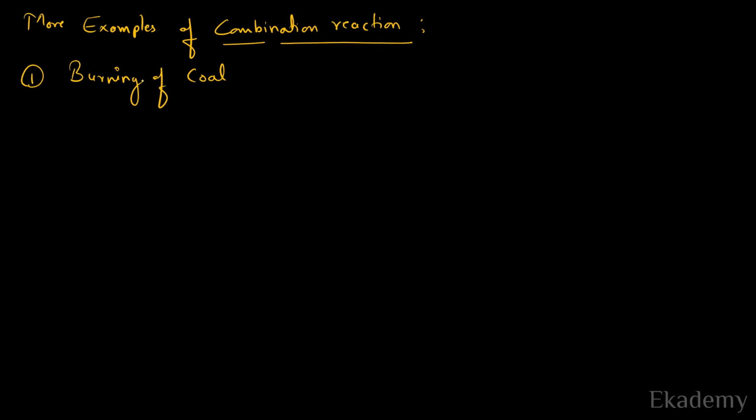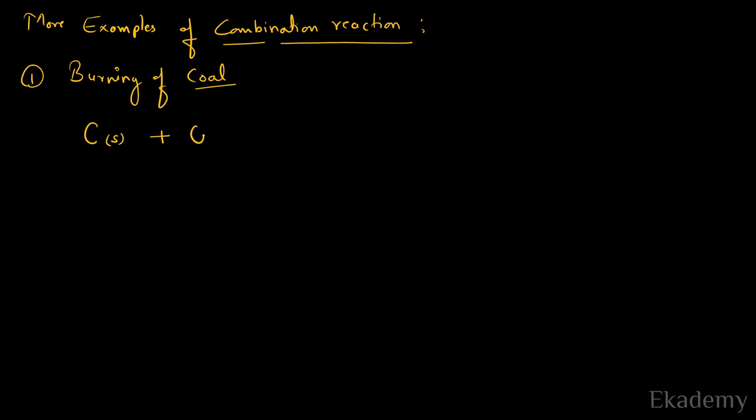Again, burning means something is reacting with or combining with oxygen. Here coal is combining with oxygen. What is coal? It is basically a pure form of carbon, so coal means carbon only. Carbon is in solid state.